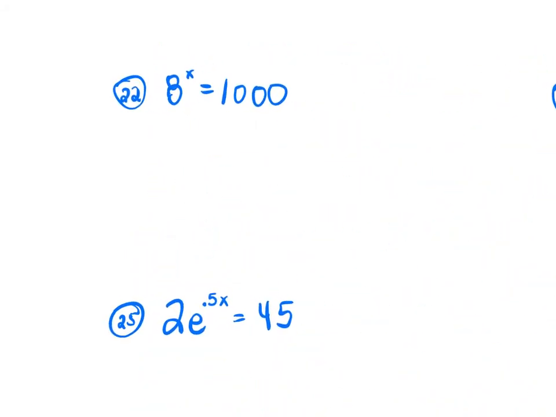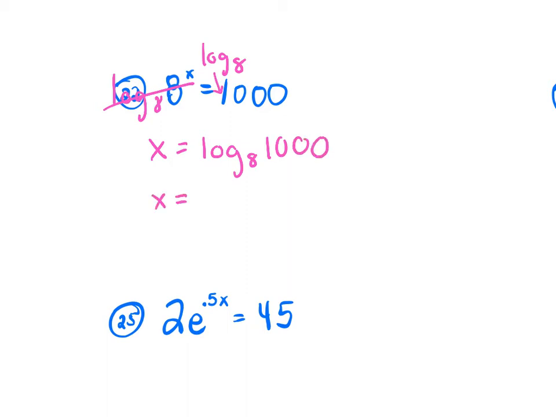22. What do we do here? Put the log base 8. So it'll cancel out on the left. We have x is equal to log base 8 of 1,000. How do we put the log base 8 of 1,000 into our calculator?